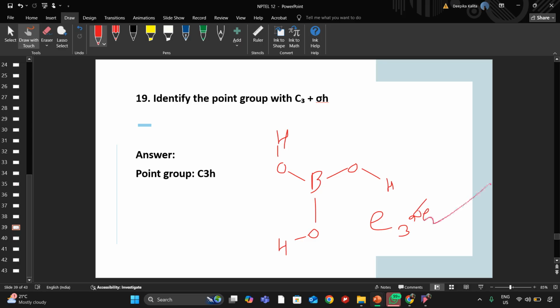So the C3 will be passing through the midpoint, perpendicular to the plane of the screen, and it will have sigma h, which will contain all these atoms. So it is characterized by a principal threefold rotation axis and a horizontal mirror plane.